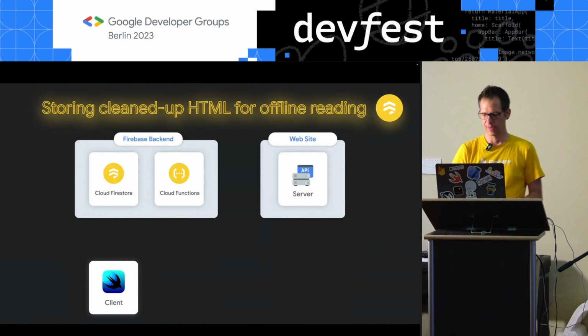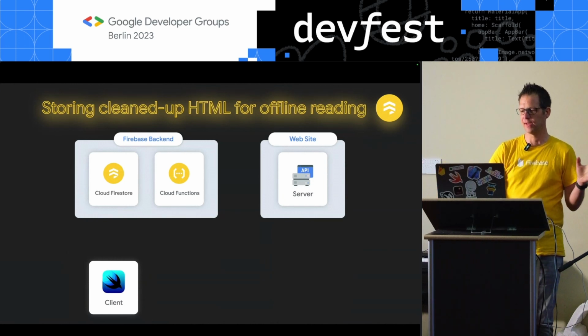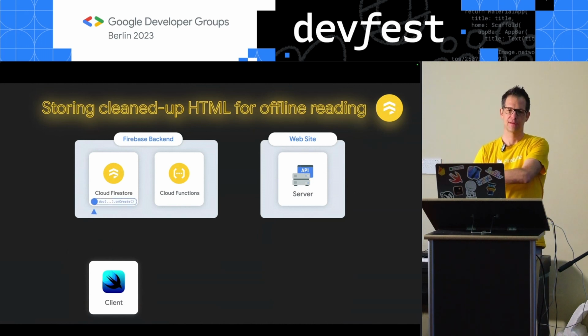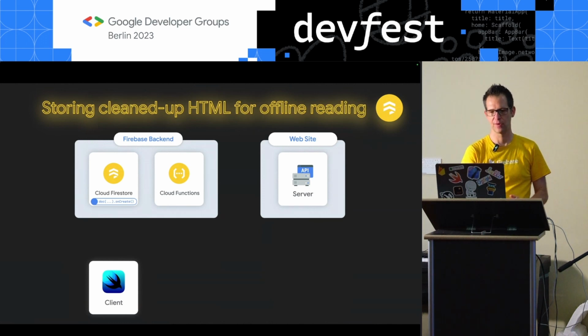So on the bottom, you've got the client. So let's assume the user wants to add a new article. So what they do is they send this article to the application. The application then stores it in Cloud Firestore as a document.